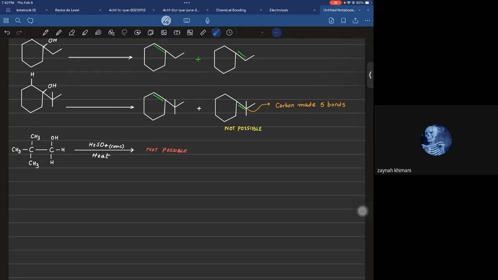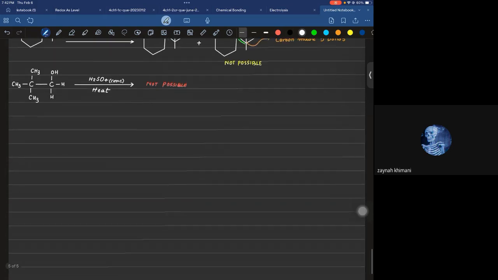Okay, so this is about the chemical reactions of alcohols. And then we generally do oxidation of alcohols. So let me tell you regarding oxidation of alcohols.